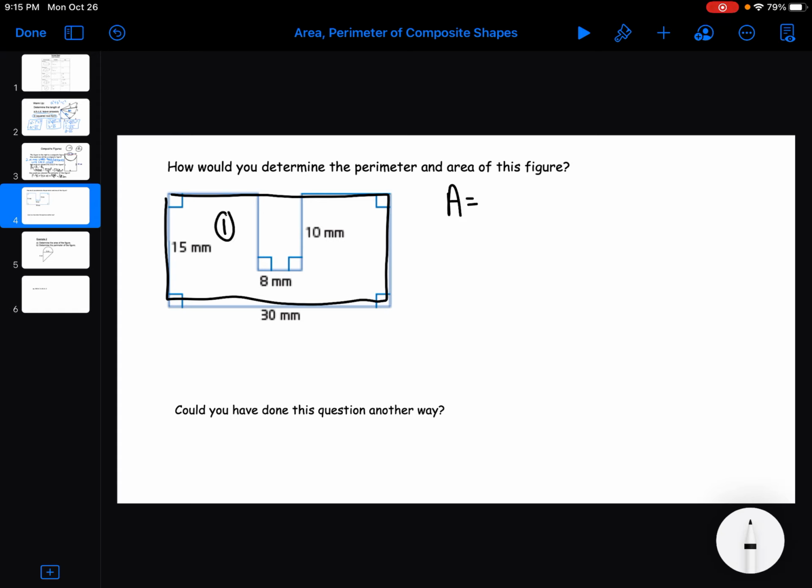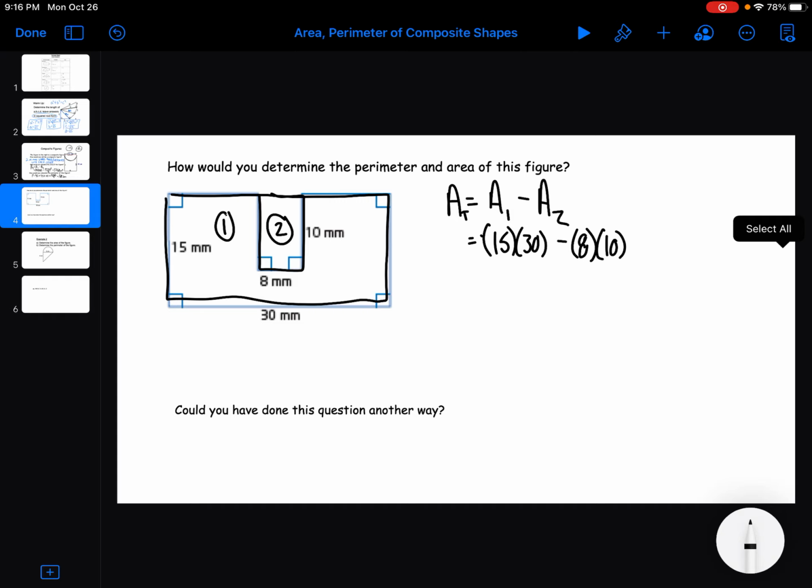That could be 1, and this little shape right here could be 2. We could say the area total is area 1 minus area 2. That's probably the easiest way to do it. So we would have 15 times 30 minus 8 times 10.